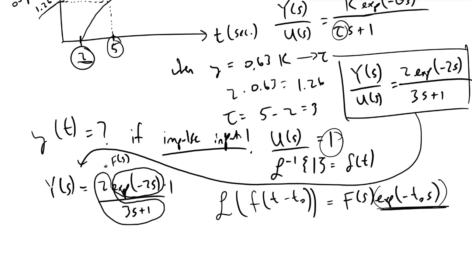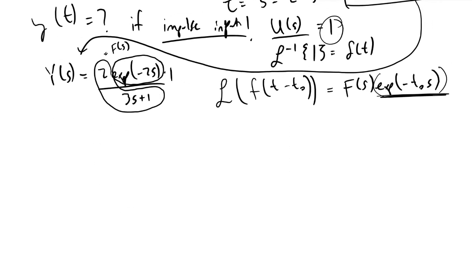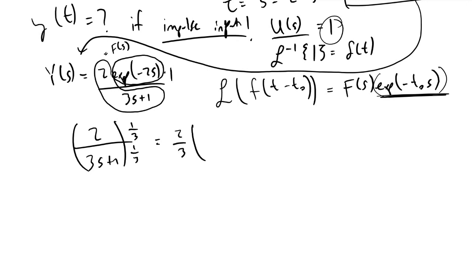And so now if we just focus in on our f of s term, 2 over 3s plus 1, if we multiply the top and bottom by 1/3 to get this into the more standard notation, we would have 2/3 times 1 divided by s plus 1/3, and we will recall the definition of the inverse Laplace transform of this.